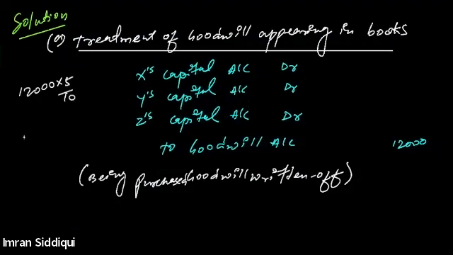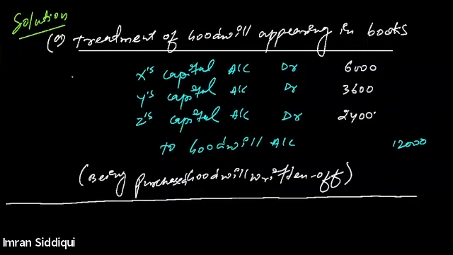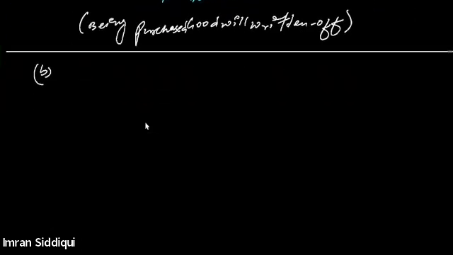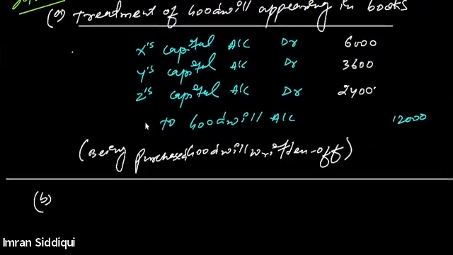So that means 6,000 for X, then 3,600 for Y, and 2,400 for Z. Is it clear, everybody? Guys, am I audible to all of you properly or not? Okay.